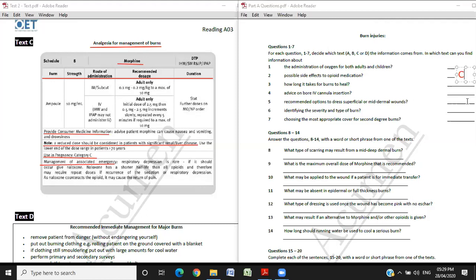So 2 is C. Do we have any other option that matches with it? IV cannula insertion, but we don't have any information about cannula insertion as such. Nothing about cannula insertion, no advice as such. You have the word advice, but it is not about how to insert or when to insert the cannula. So just 2 is C.